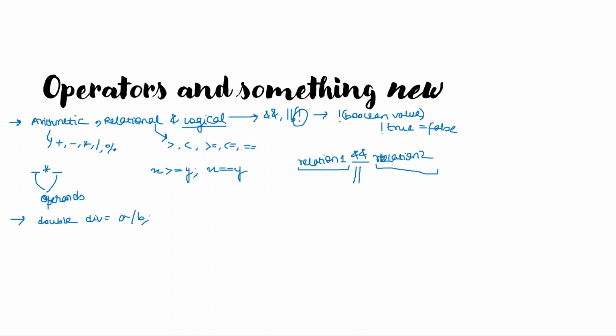So I want the division result of a divided by b, where a is the dividend and b is the divisor, I'm sorry. Now let's say if I want a sum of two numbers, I would say int sum is equals a plus b.